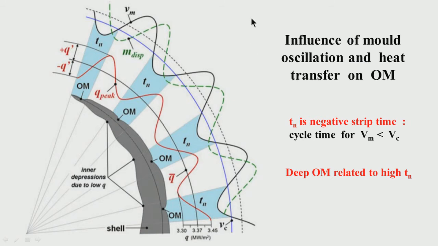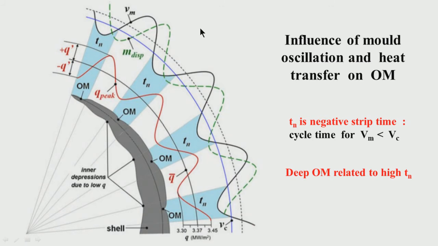The mold is going up and down, and the displacement is sinusoidal. Now, if you differentiate this, you get the velocity of the mold. This is Vm, the black line. This is also sinusoidal, but at a phase angle from the displacement. Displacement was the green one, and the black one is the velocity.